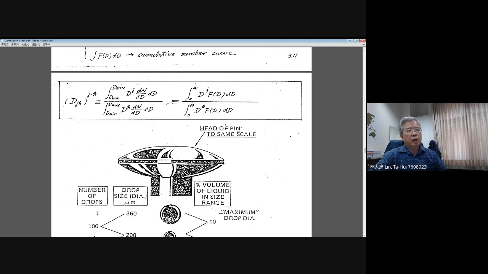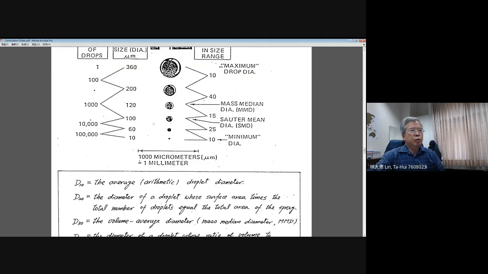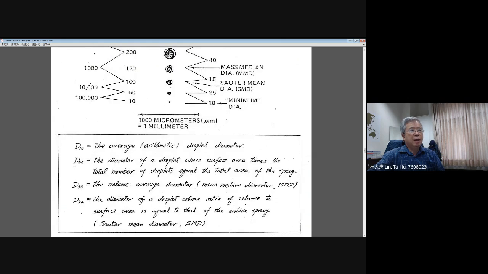But if you just think about evaporation, D20 will be a good one to indicate the impact on pure gasification. For example, for painting or for some kinds of humidifiers, D20 is a good average diameter to categorize their behavior in their applications.